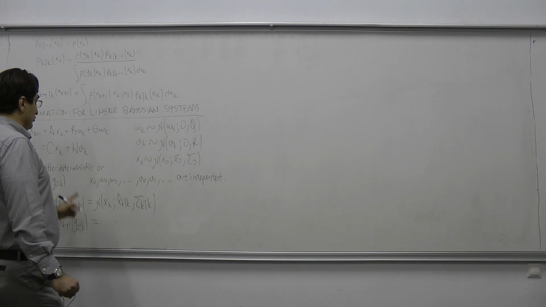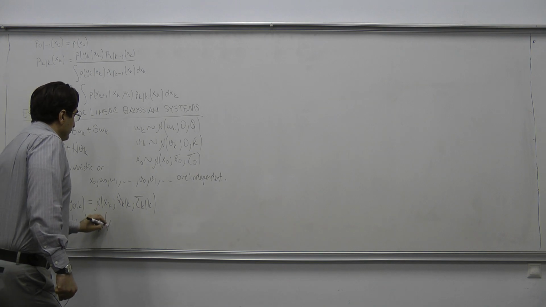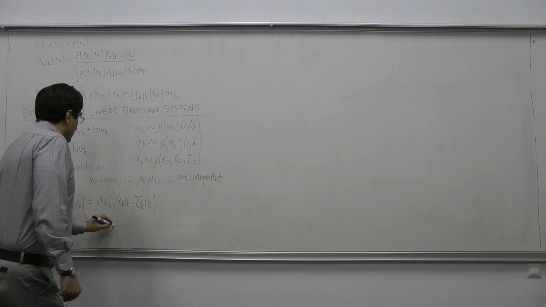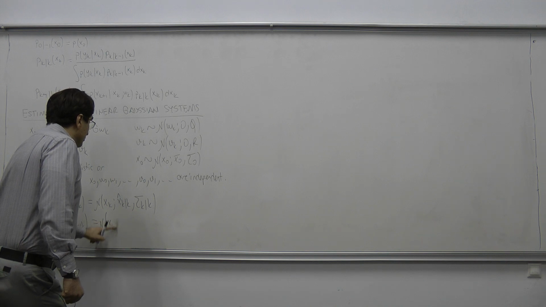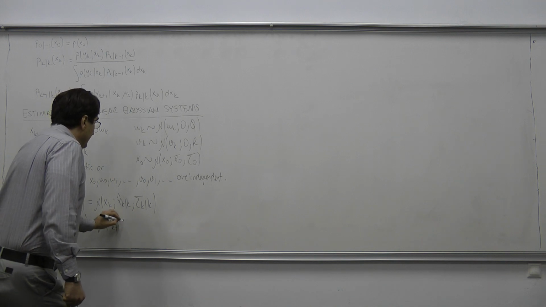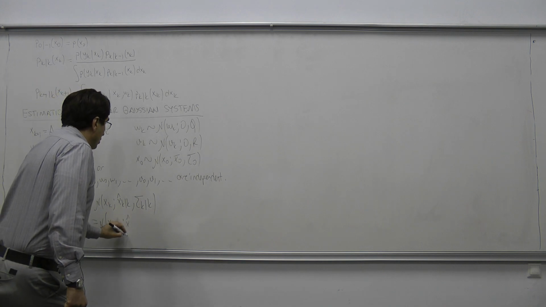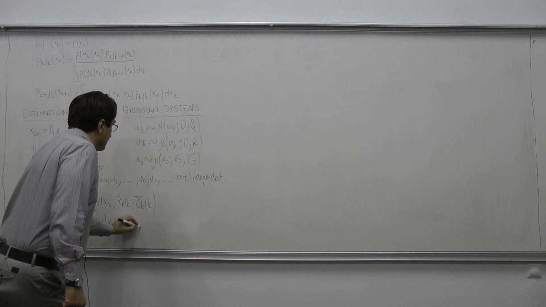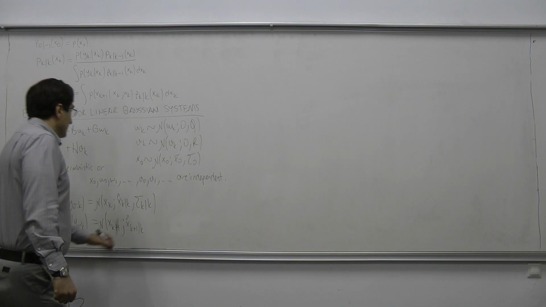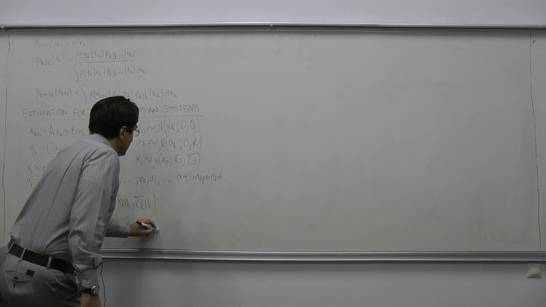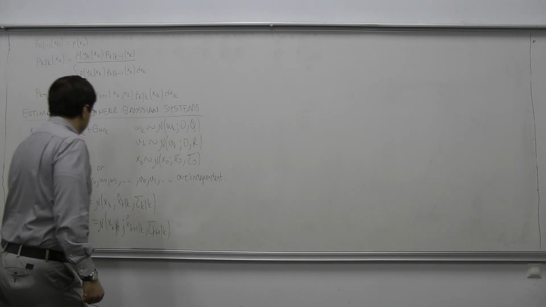And this distribution is again going to be a Gaussian distribution for the random vector xk plus 1, and I will call its mean as xk plus 1 given k hat and sigma k plus 1 given k. Okay?